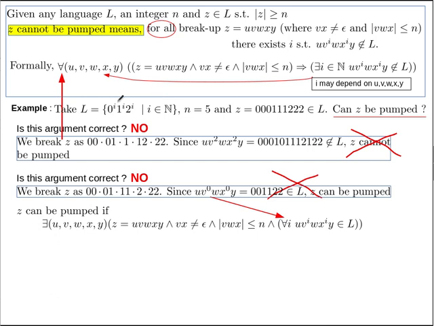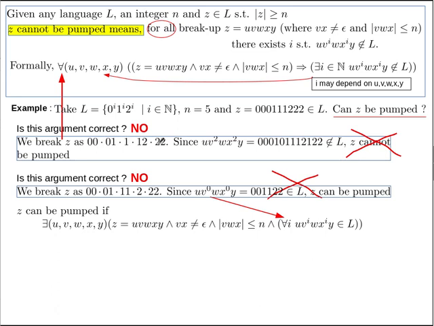We take this language 0 to the i, 1 to the i, 2 to the i for all i, and suppose our n is 5, so we take some z which has length at least 5, so here it's more than 5, it's fine. And so then we ask, can we pump this z? Okay, so let's consider this argument that we break this z into this 5 part.